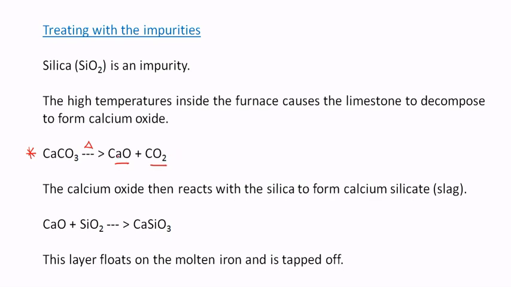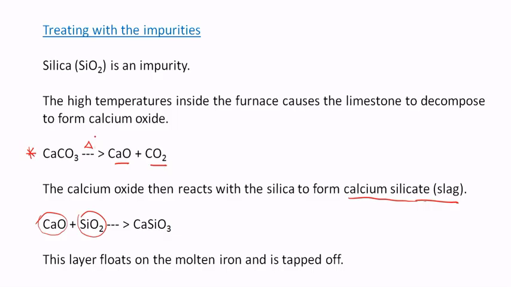Now, the calcium oxide reacts with the silica to form calcium silicate, which is slag. So CaO plus SiO2 produces CaSiO3. And this layer floats on the molten iron and is tapped off. So this is how we treat with the impurities. SiO2 is acidic and calcium oxide is a base.